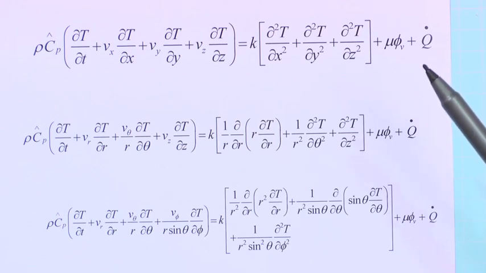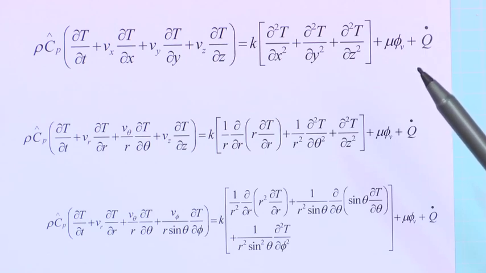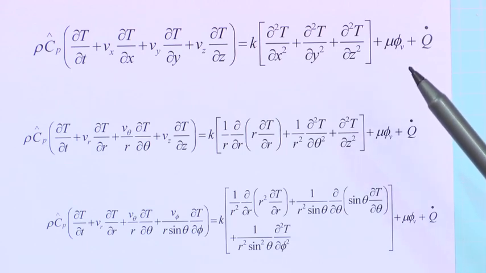Together this provides the complete form of the energy equation, which does not take into account the mechanical energy, because this equation was derived from the first law of thermodynamics, considering both the internal and the kinetic energy.